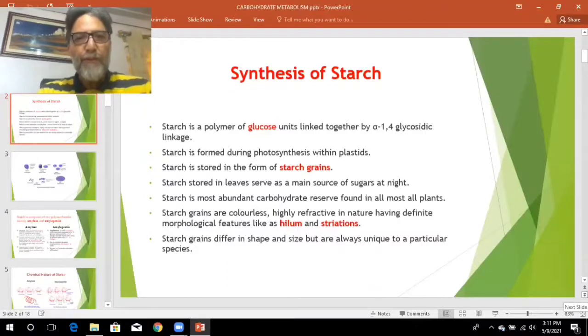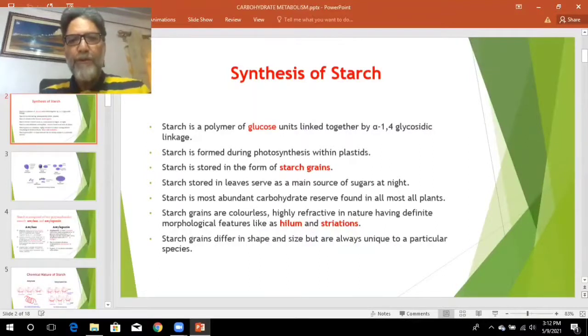So before we understand the synthesis of starch, synthesis of sucrose, we would like to understand what starch basically is. Starch is a polymer of glucose which is linked together by alpha 1,4 glycosidic linkages.